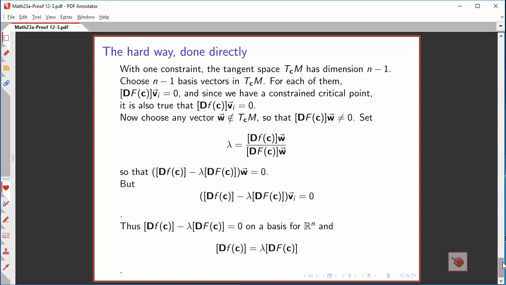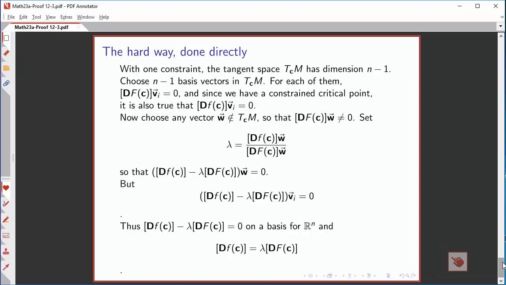But, trivially, d little f minus lambda d capital F acting on any of the n-1 basis vectors in the tangent space also gives 0 for the simple reason that both these things give 0 when acting on V sub I. So, d little f minus lambda d capital F gives 0 on an n-vector basis for Rn, consisting of the n-1 vectors in the tangent space and the vector W, or, putting it differently, d little f is equal to lambda times d capital F, which proves the existence of a Lagrange multiplier.